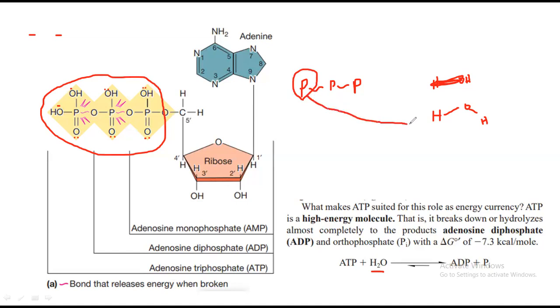So this is a spontaneous reaction. When it gives its phosphate to the water molecule, it is an exergonic reaction. It is spontaneous and exergonic. This means that it has stabilized itself, because there is a high content of electrons and a very high repulsion force between them, but they still stick together.